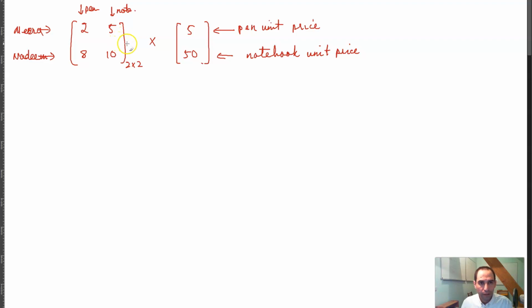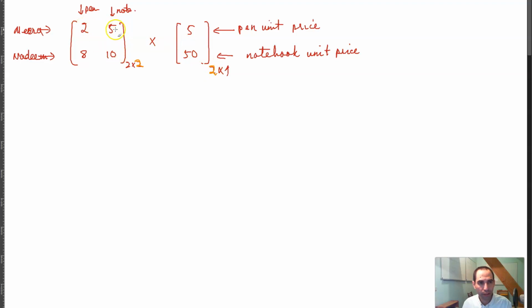That means that now this matrix is a 2 by 2 matrix, and this matrix is a 2 by 1 matrix. What that means is that this number here is supposed to be equal to this number, meaning that the number of columns that you have is supposed to be equal to the number of rows here.